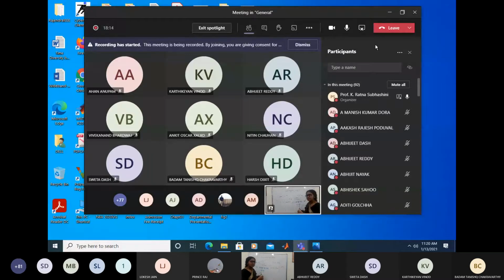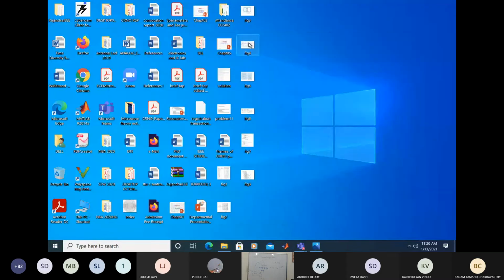Is that correct? So ones and zeros are utilized to express the terms. Is that fine? Right. So now let me show you how to prepare a PLA table.